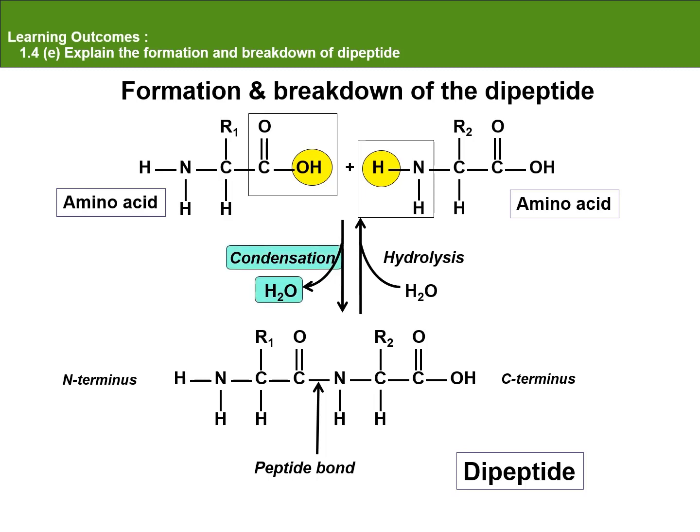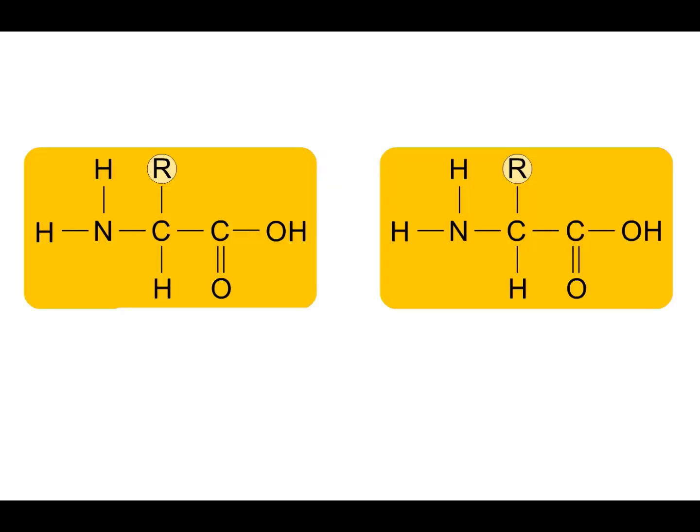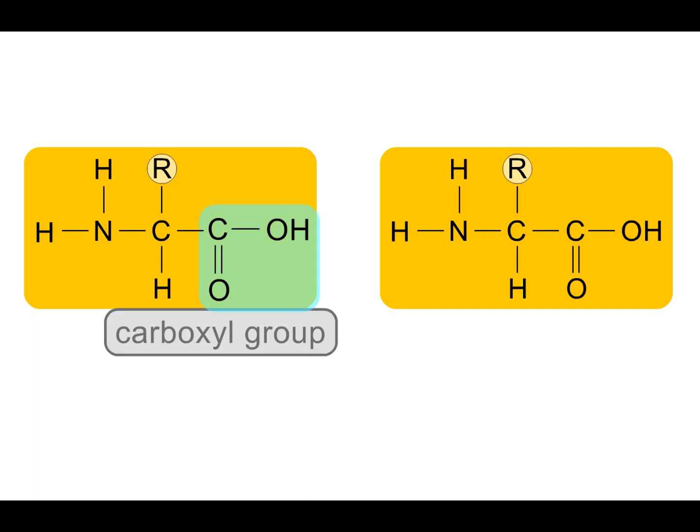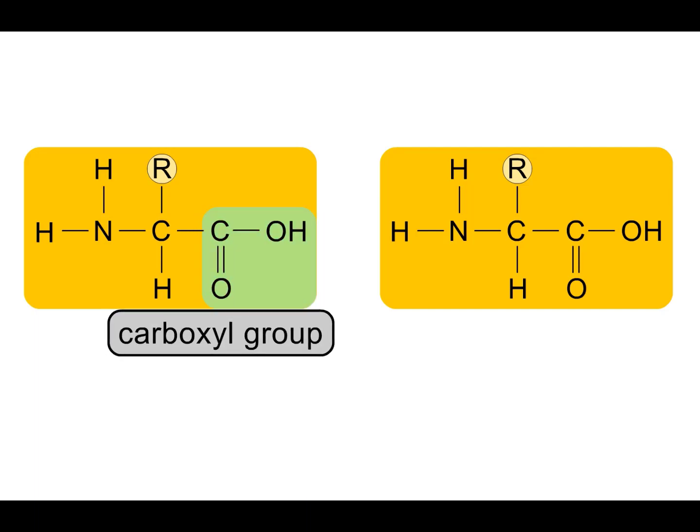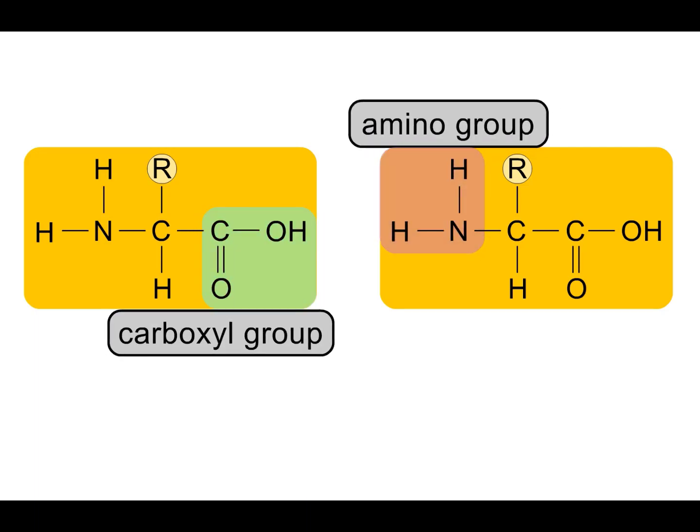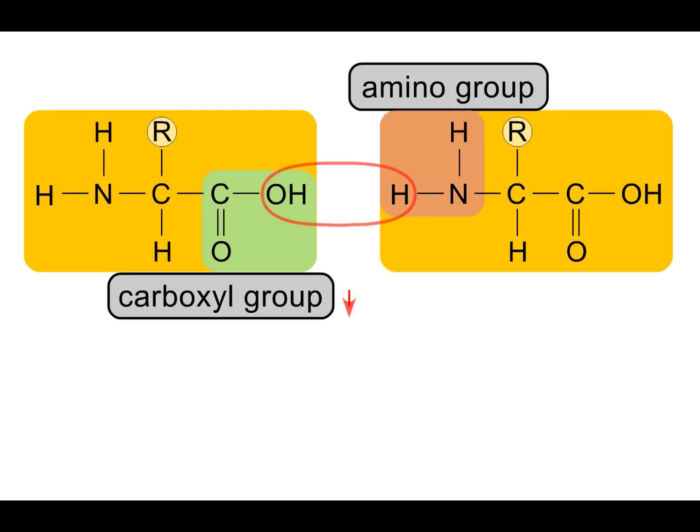As a result, 2 amino acids are joined together by a peptide bond, while a water molecule is added to break the peptide bond during the hydrolysis process. The peptide bond involves the carboxyl, COOH, and amino, NH2 groups of the 2 amino acids lying next to each other in the peptide chain.